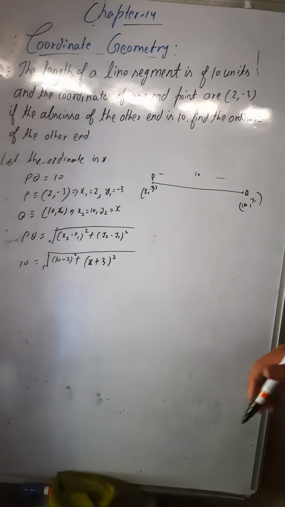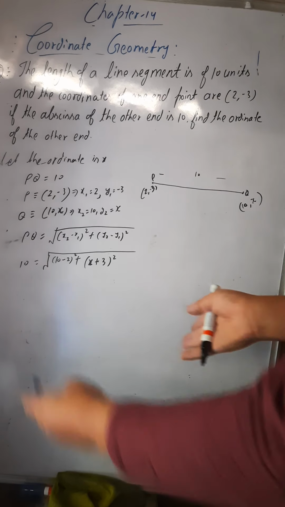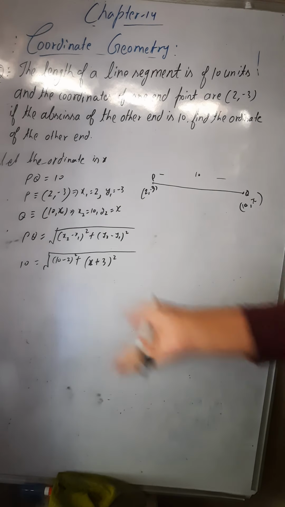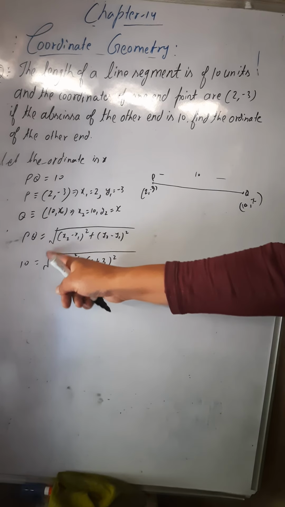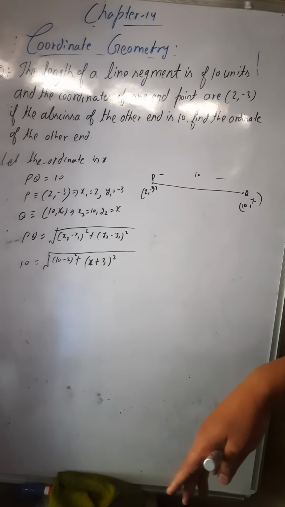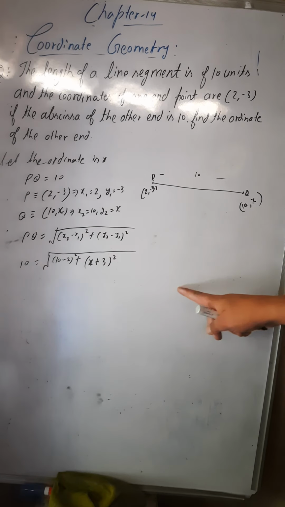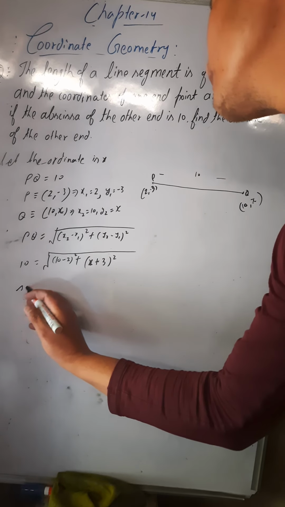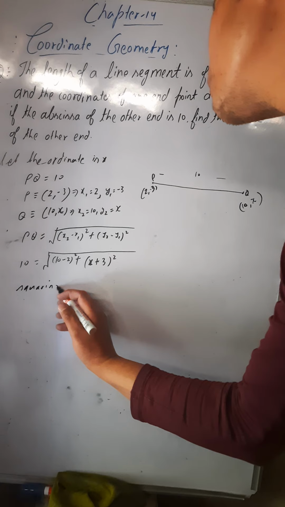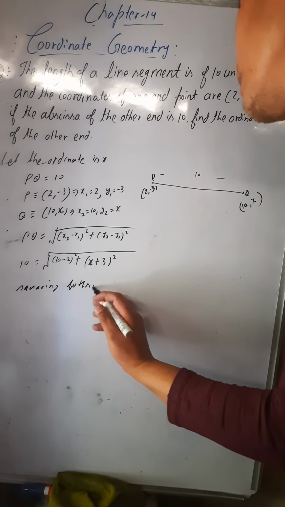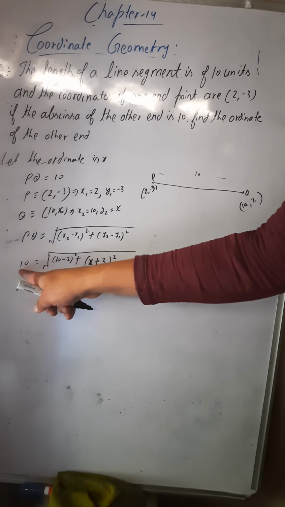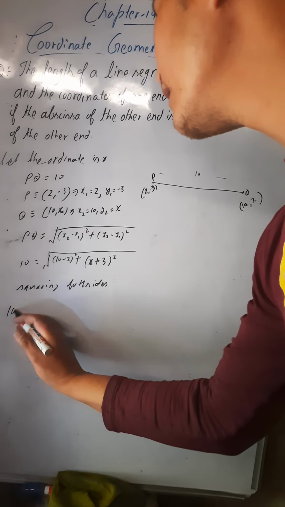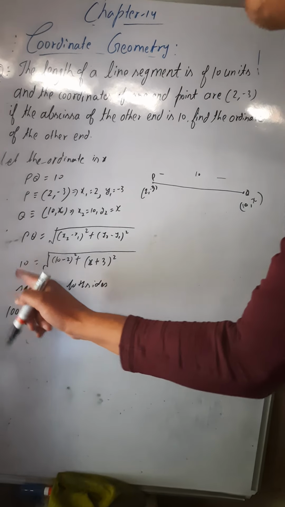Okay. Now what I will do? I will square both sides. While you are squaring both sides, this square root will be removed from here. So I will write here, squaring both sides. Square of 10 is 100.